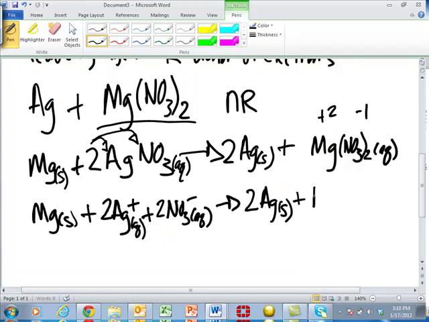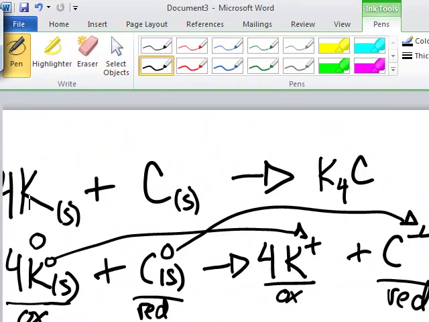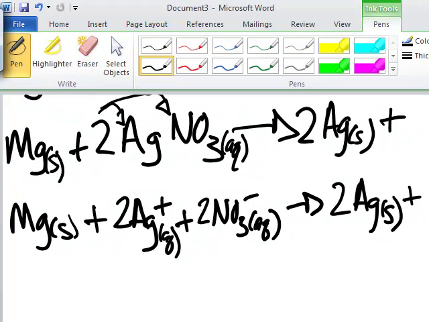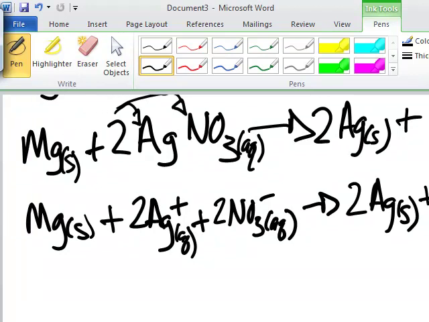So we have 1 magnesium, which is a +2, and we have 2 nitrates, which are -1. Okay?